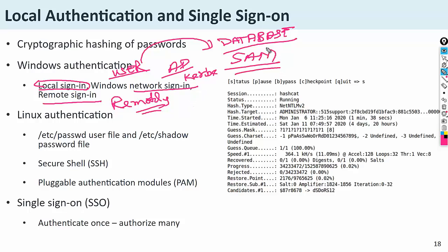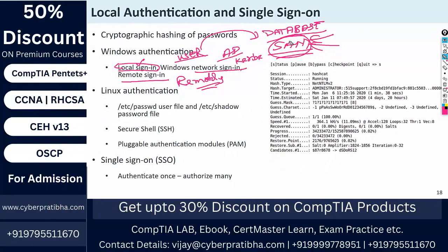With the help of the SAM database, you are authenticated, meaning it checks whether your username and password are correct or not. So if a hacker knows the location of the SAM database, the hacker will go to this location and try to find the password.